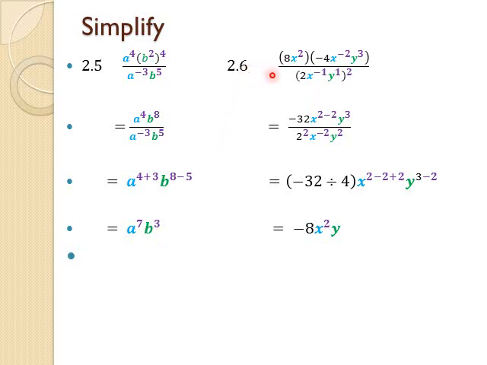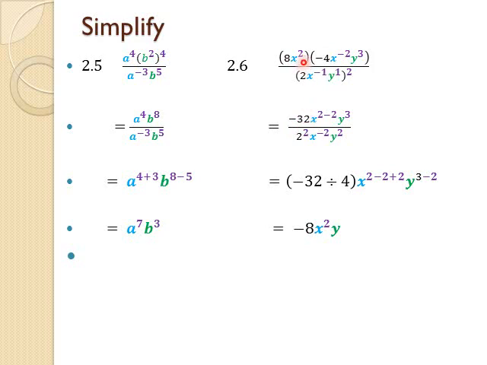Look at 2.6. I have 8x squared in brackets, and then the second set of brackets, negative 4x to the negative 2, y cubed. So that bracket and that bracket, no plus or minus in between, so it means multiplication. Divided by, at the bottom, I have 2x to the negative 1, y to the 1, brackets all squared. So there, we're going to apply fourth law of exponents. We start on the top, 8 times negative 4 gives me negative 32.